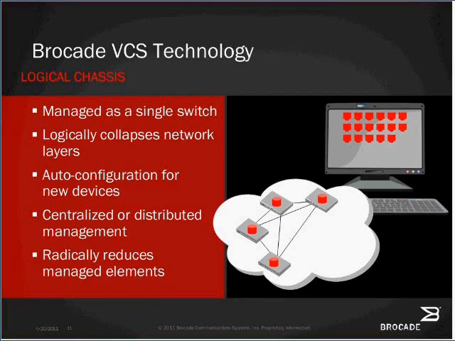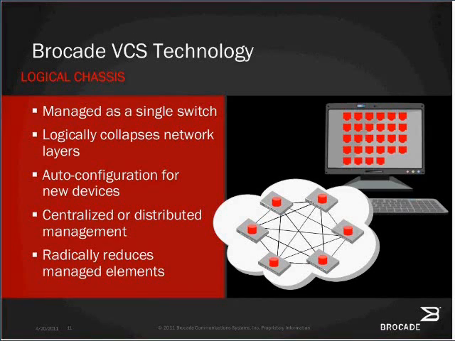What this means is that as you continue to add devices to the fabric, it's still managed as a single switch. And as I said before, when a switch joins the fabric, it automatically configures that switch, and it becomes a part of the fabric. And with VCS, we collapse the access and aggregation layers inside networking, so that you're actually managing fewer layers inside of your data center.